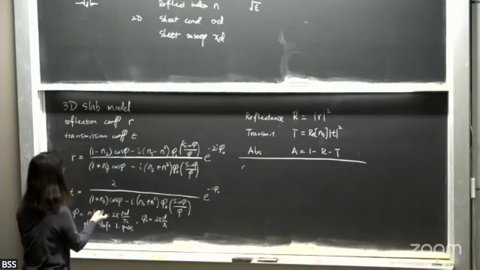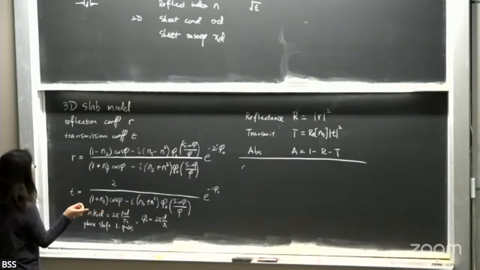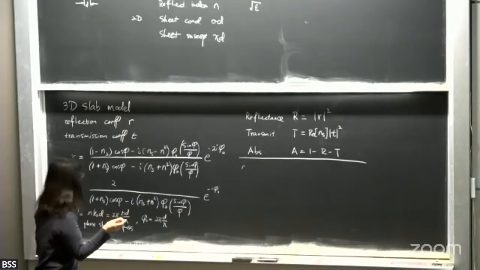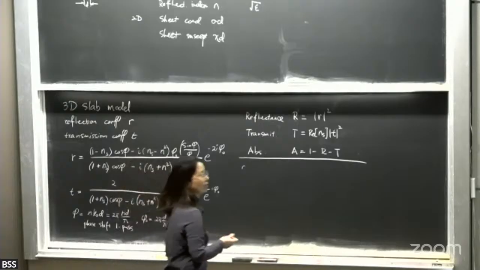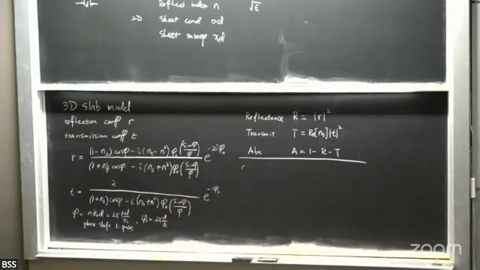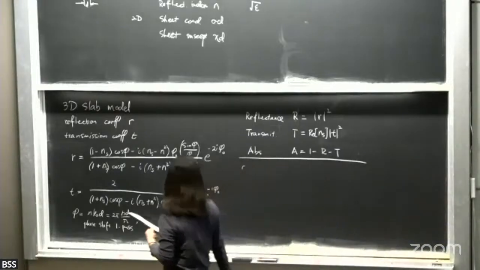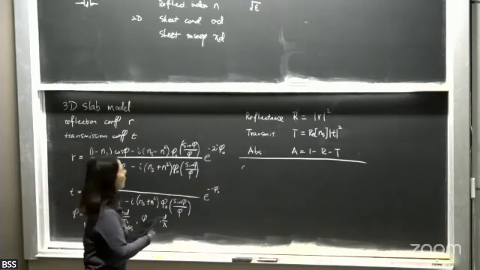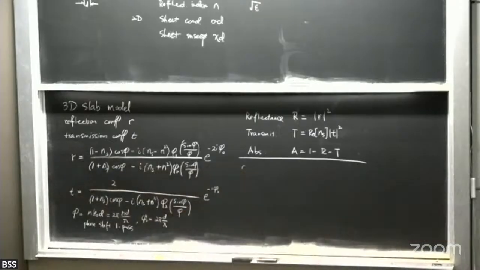You call them Z0 sigma_s. Am I misunderstanding something, or did I make a typo? They're both the same quantity. Wait, I don't quite understand what you're asking.